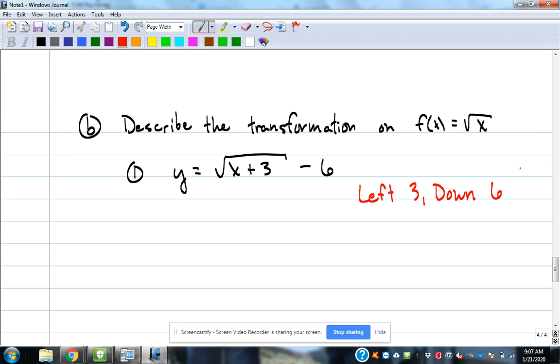Do the same thing. That one. Okay, reflect across the x-axis.